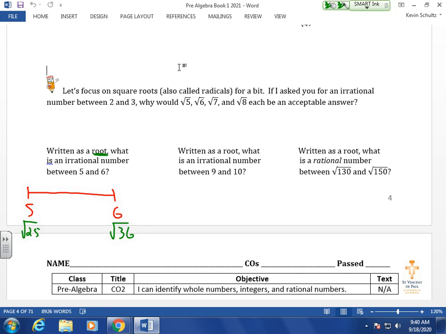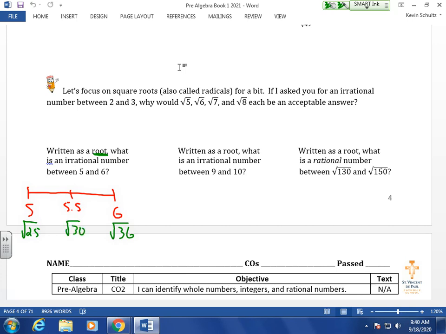Yeah? 5 and a half. You said 5 and a half? Well, that is a value that's between 5 and 6. So if we want to go halfway between 5 and 6 and get a value of 5.5, the root of that is going to be about halfway between root 25 and root 36. So it's going to be about, we'll say, root 30.